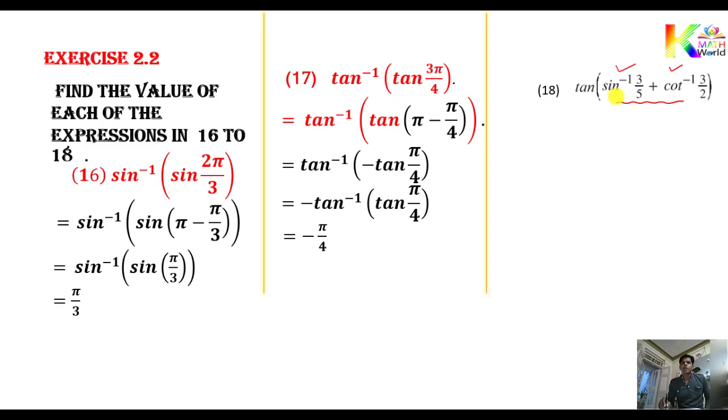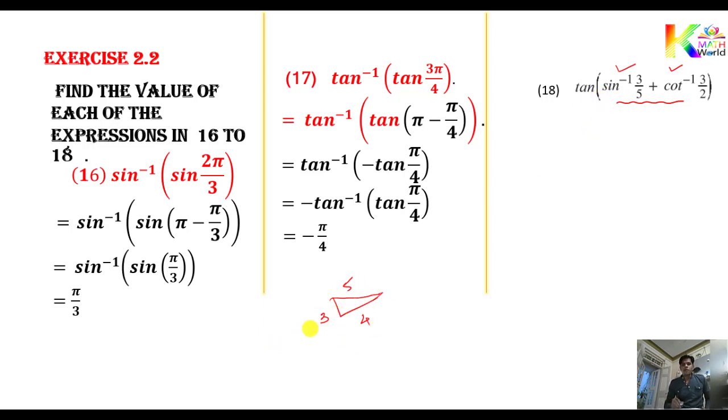Sine means opposite over hypotenuse. Opposite is 3, hypotenuse is 5. By the Pythagorean law we can easily calculate this side, so this value must be 4. A very popular Pythagorean triangle.